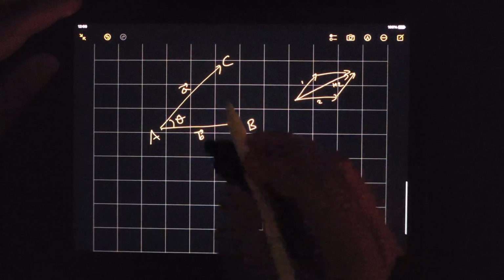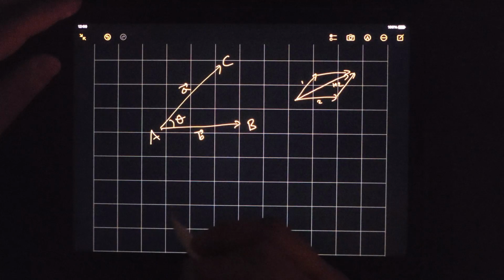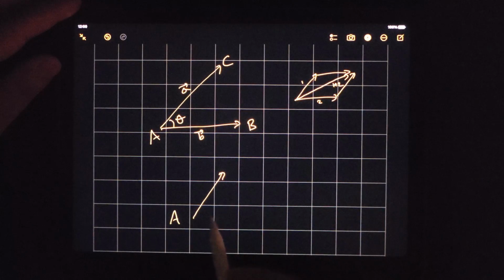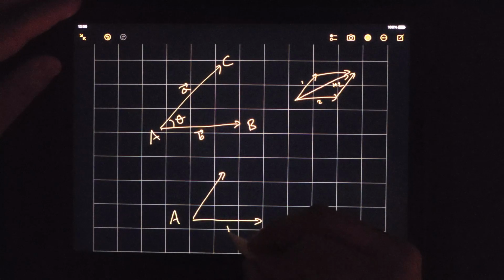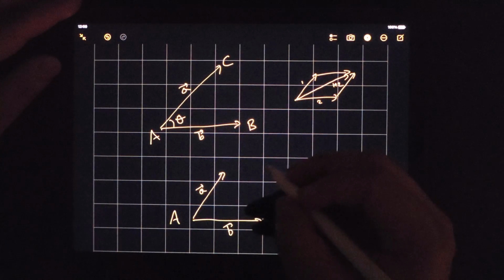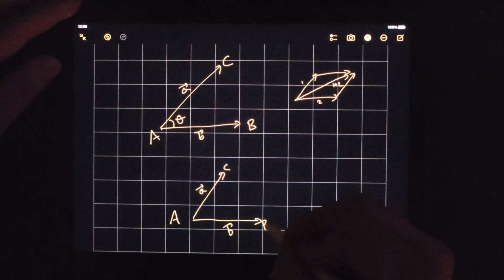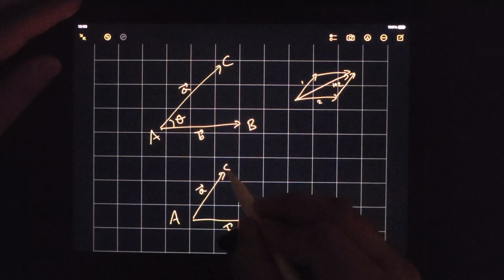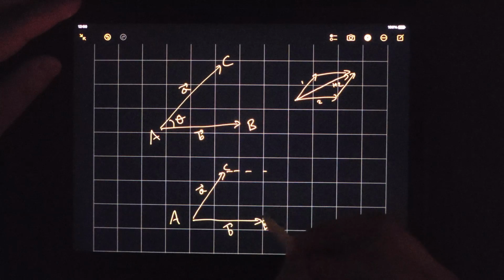and that brings us to the parallelogram law, stating that if you have this, then A and B, then you have, let's pretend that there's this little B here.